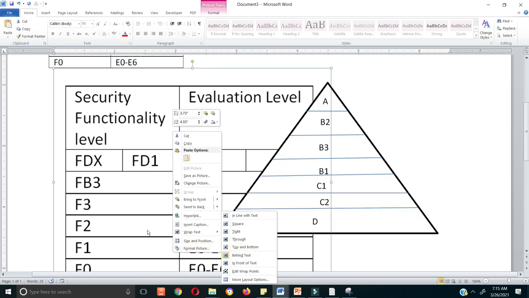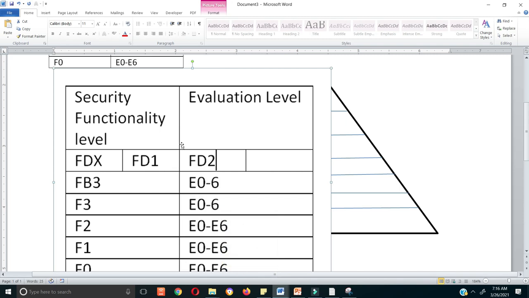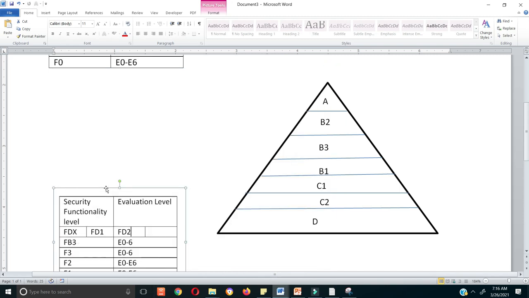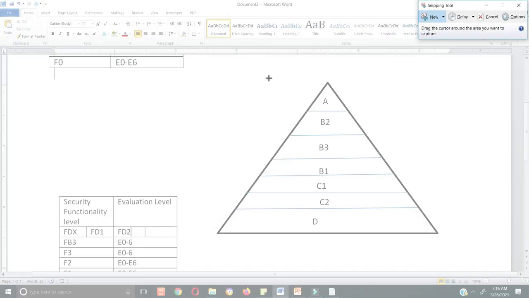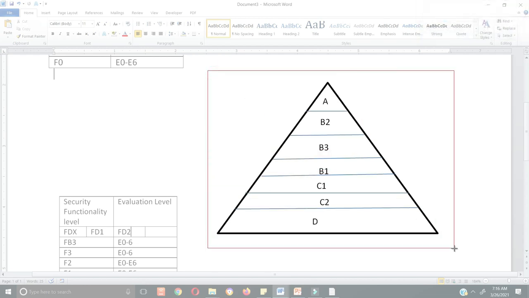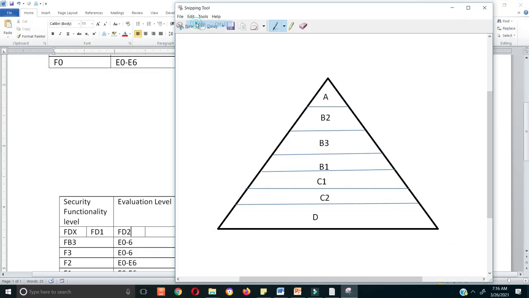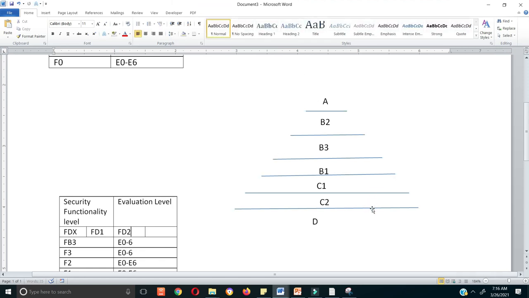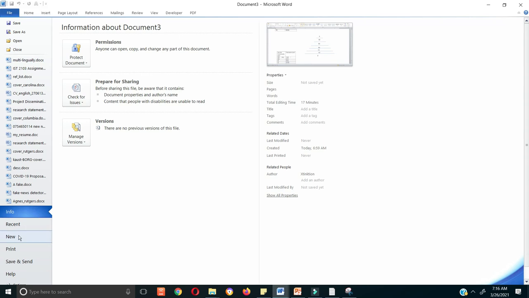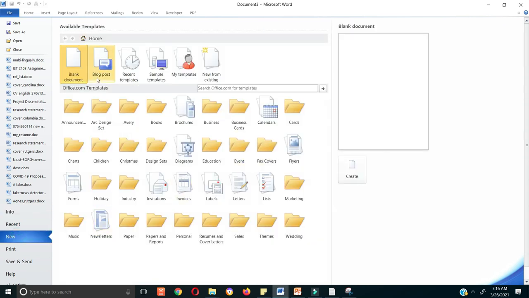Maybe it's too big, it's not accepting to move. So let me just create a new snip and get rid of this. This is going to take a while. Let me create a new document.